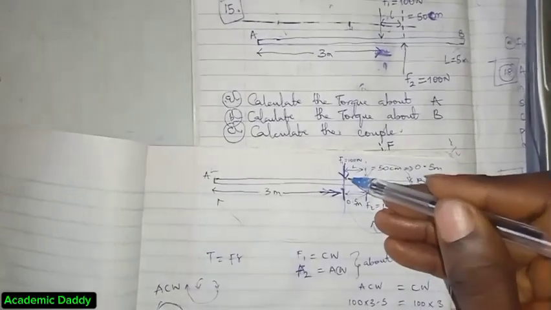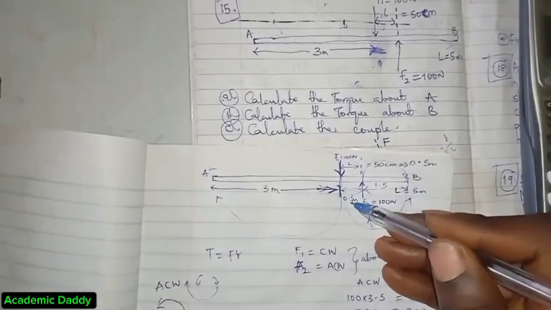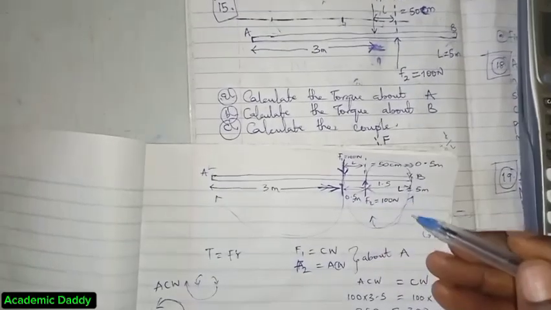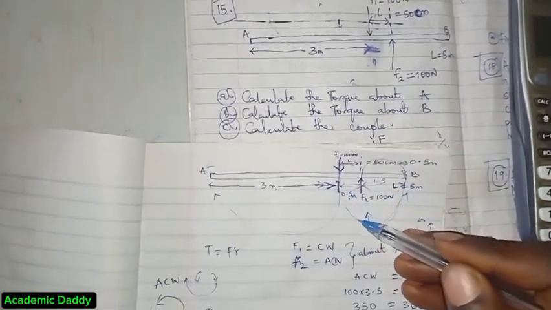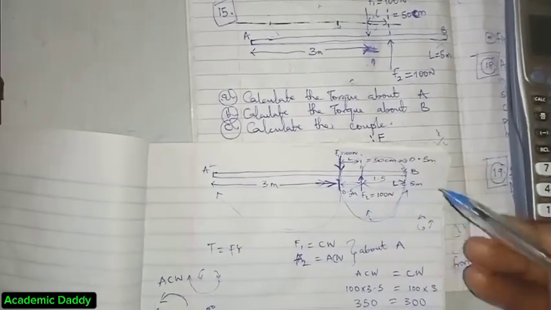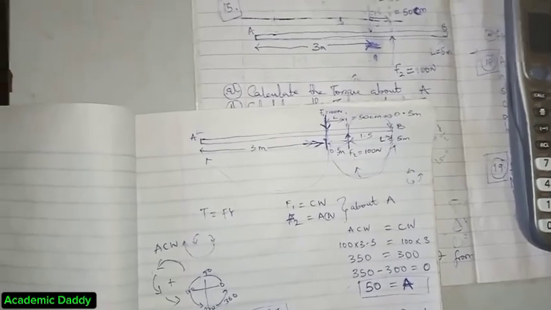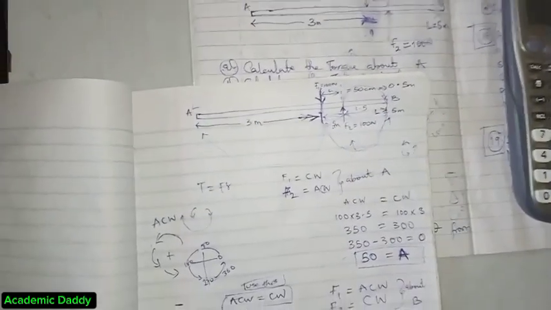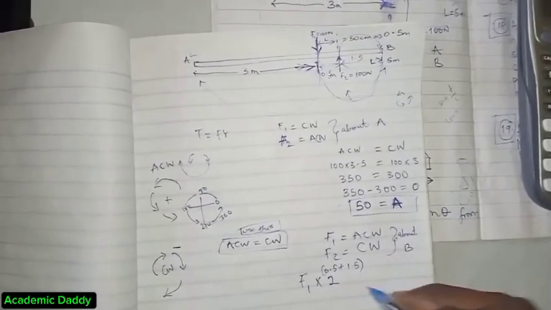Now let's go. The next thing is to check the distance. From this point that we're moving, we'll move this way. We'll come across 0.5 for F1, then we'll come across 1.5. So F1 will simply be F1 times 2, that is 0.5 plus 1.5, which is 2.